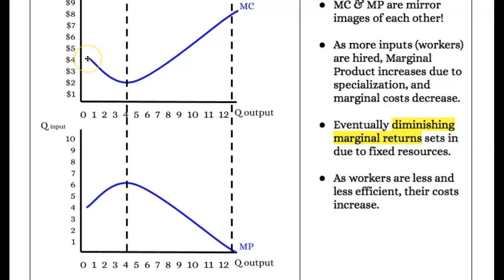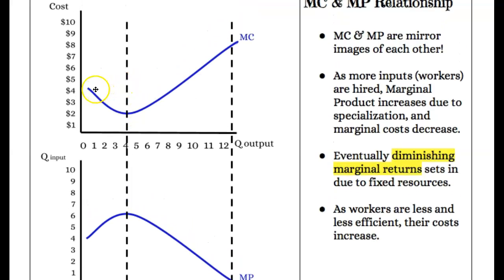Now, from here, you can see that due to specialization, our marginal cost actually decreased initially. That's why we have that lovely Nike swoosh. So initially, as our marginal product increases, our marginal cost decreases. Basically, each worker is contributing more and more, meaning each additional unit of good is costing less and less. But when each additional worker gets less efficient, that's when the costs start increasing.